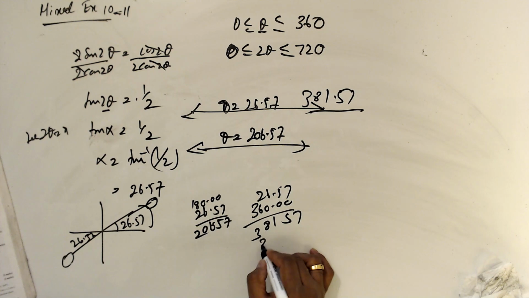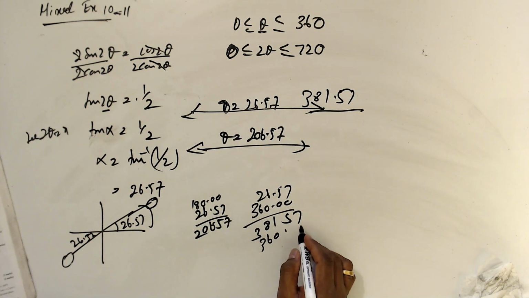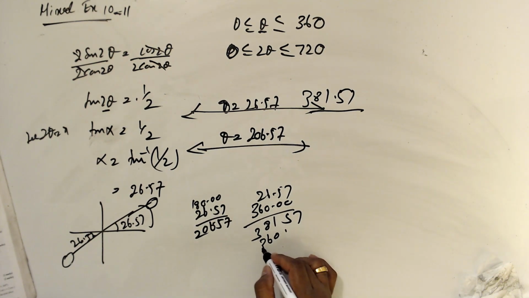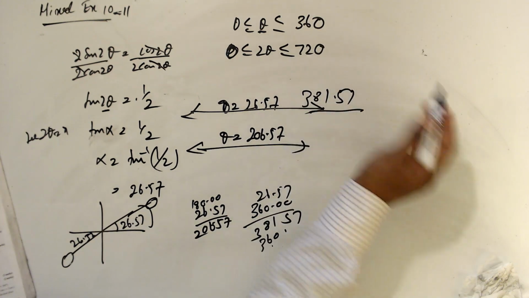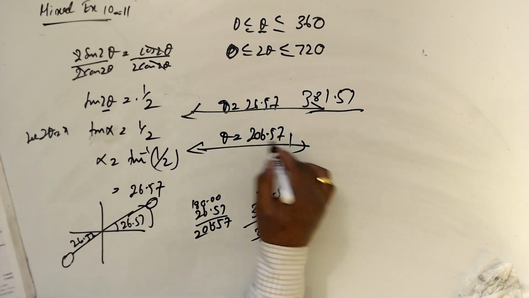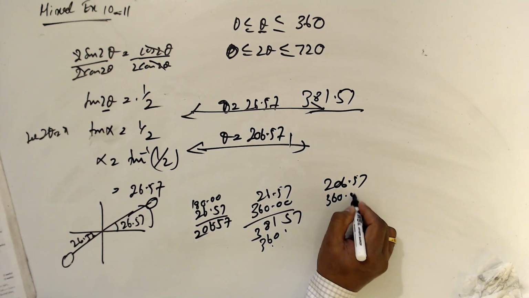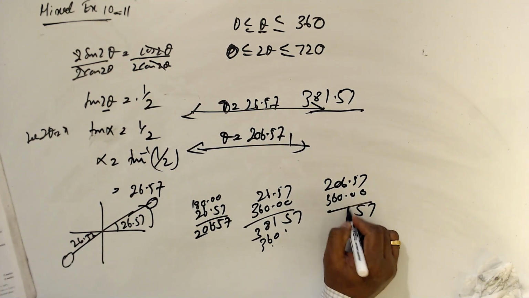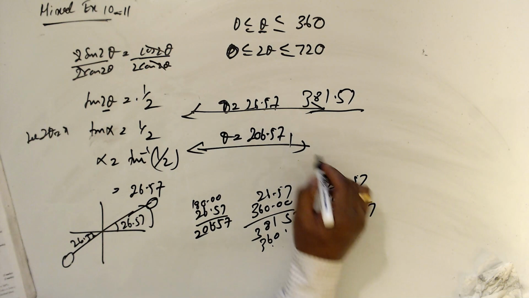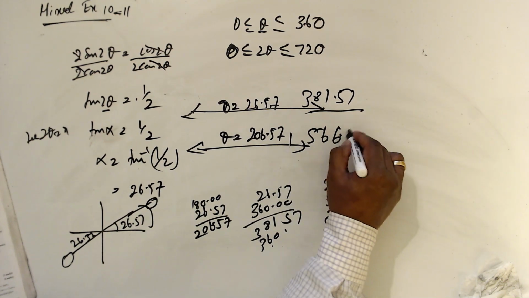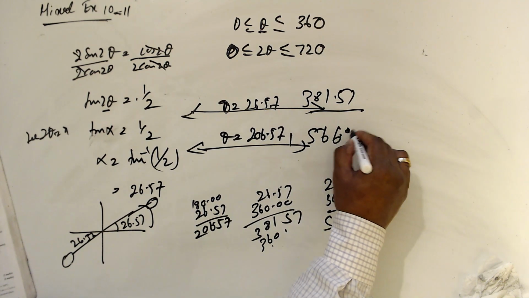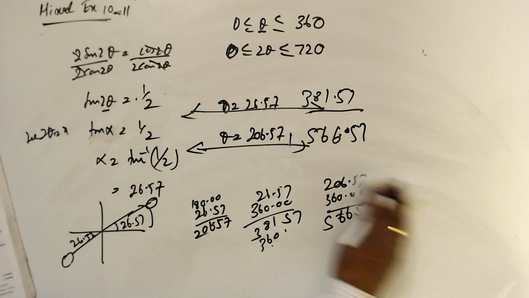If you add another 360, it is more than 720, and that's all. Then we add 360 to 206.57, which gives 566.57. So those are the angles.